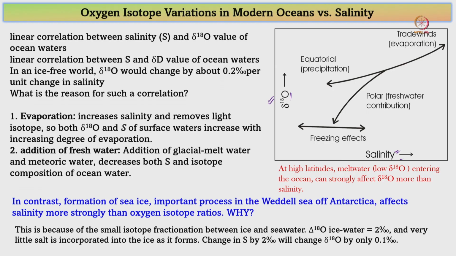It will remain with the 18O while the vapor gets enriched in 16O. So, my delta 18O value of the ocean will gradually increase, and with evaporation what will also happen?